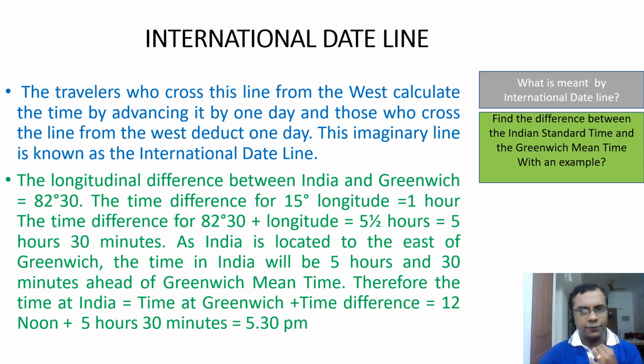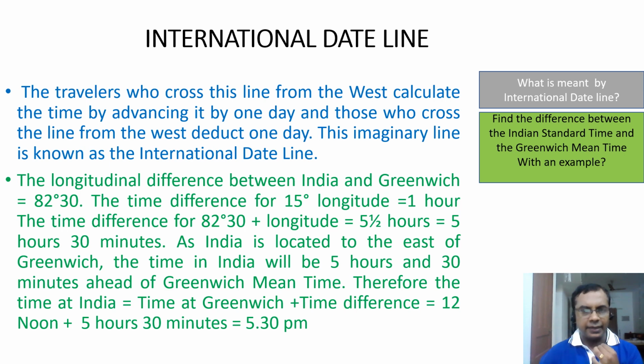The time difference for 15 degrees longitude equals 1 hour. That means the time difference for 82 degrees 30 minutes equals 5.5 hours or 5 hours 30 minutes. As India is located to the east of Greenwich, the time in India will be 5 hours and 30 minutes ahead of Greenwich Mean Time.